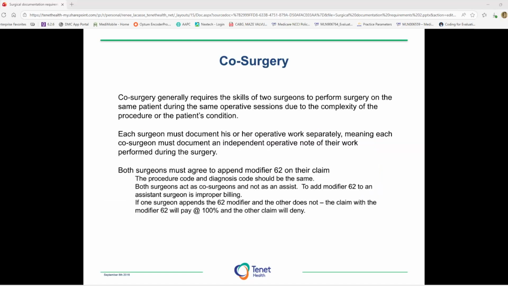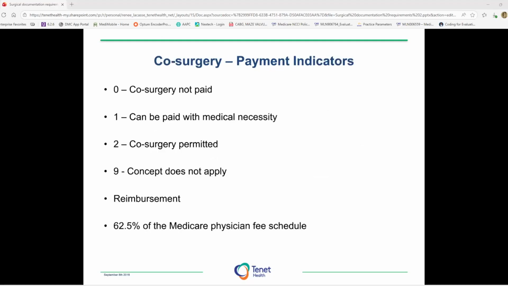So if you are doing your own note, you still have to reference your co-surgeon and what they performed in your documentation as well. And then both surgeons must append modifier 62 to their claim. The procedure code and the diagnosis code must match on both claims. Keep that in mind, because we do see a lot where the diagnoses are not matching.